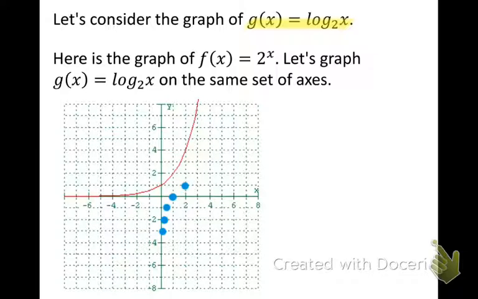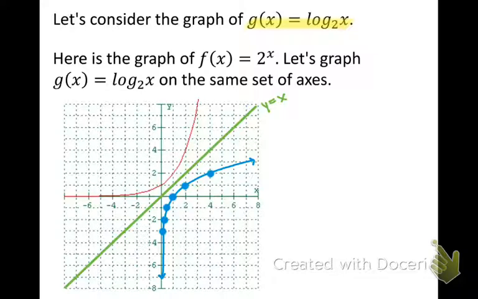And we had 4, 2. So we've got a graph that looks like the following. Now, remember we discussed this before, but because these two graphs are inverses, they are also going to be symmetric around the line y equals x, which you can see in this picture is true.